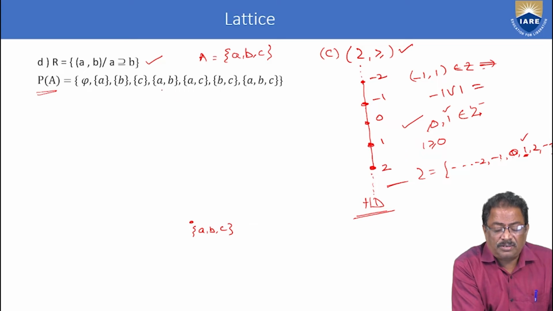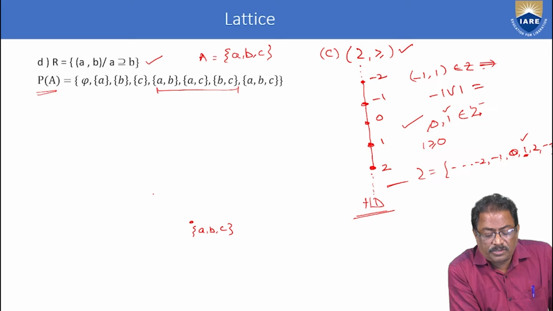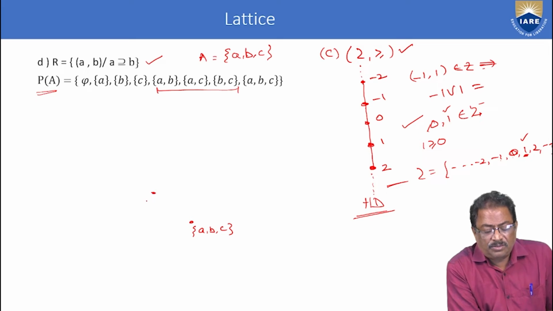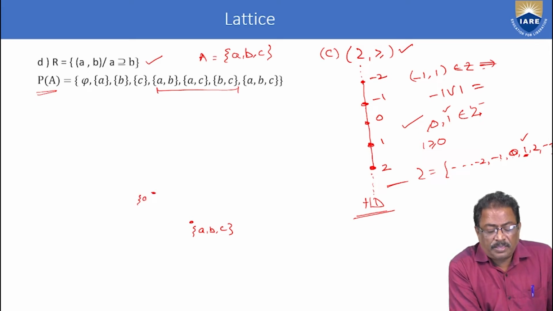At the next level there is no comparison between these, so we get another one: I am just taking AB, and another one is AC, and another one is BC.